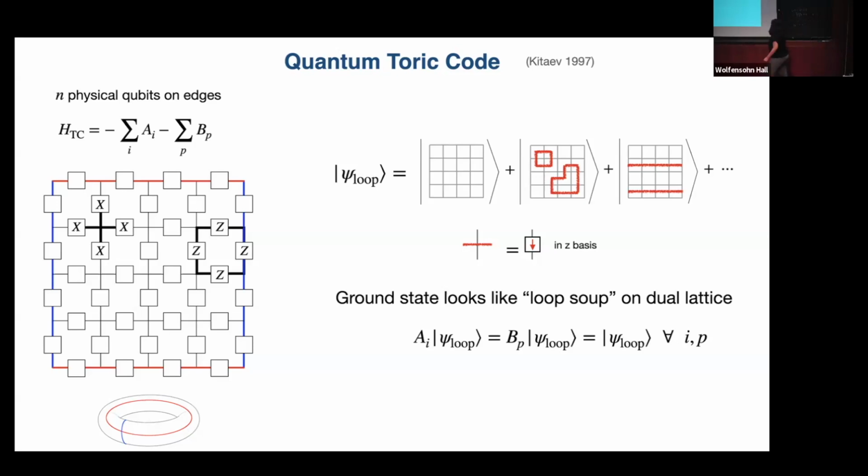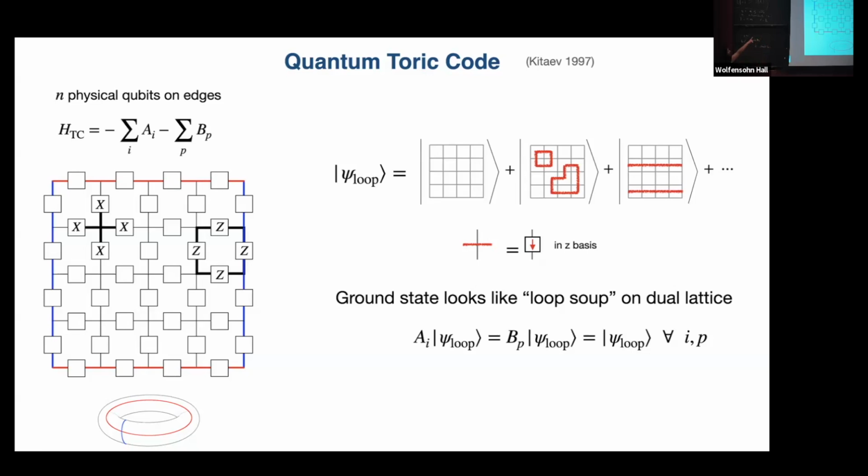My qubits are living on the edges of the lattice. Suppose I have an L by L lattice. I have 2 times L squared qubits. Now I have 1 X check on every vertex, so I have L squared X checks.